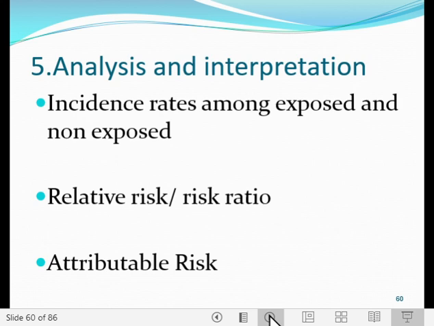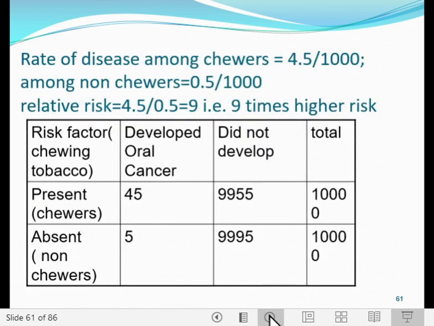So, how do you do the analysis and interpretation? You can compare the incidence rates amongst exposed and non-exposed; relative risk and attributable risk are calculated. So, rate of disease among chewers is 45 divided by 10,000 or 4.5 divided by 1000.